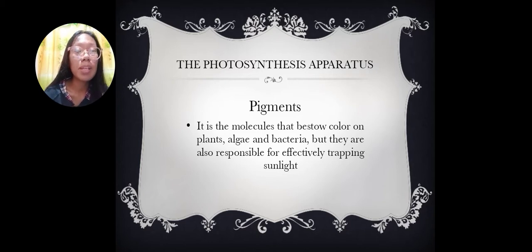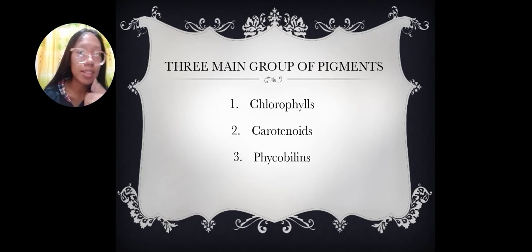So pigments of different colors absorb different wavelengths of light. There are actually three main groups of them. So the three main groups of pigments are, the first one is the chlorophyll, two carotenoids, and three the phycobilins.